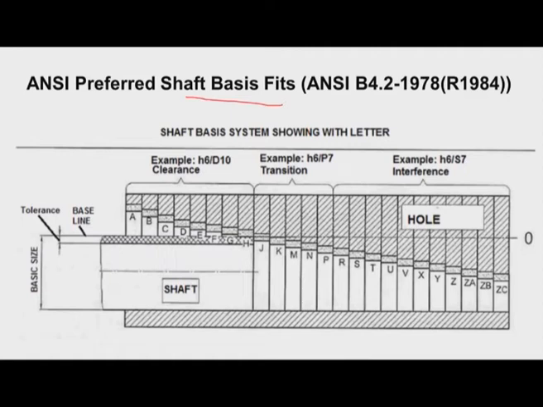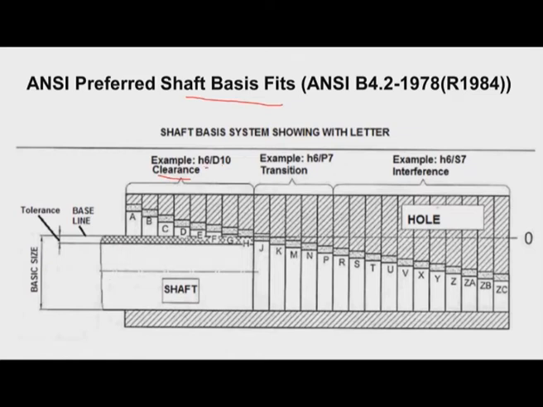Now we are varying the hole sizes. This is A hole, B hole with the tolerance zone. Now from A to H we can get the clearance fit, so H6 D10. So this shaft is the H shaft and 6 is the IT grade.